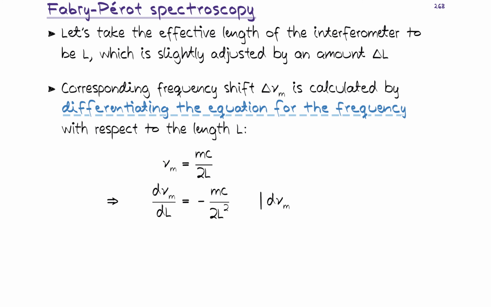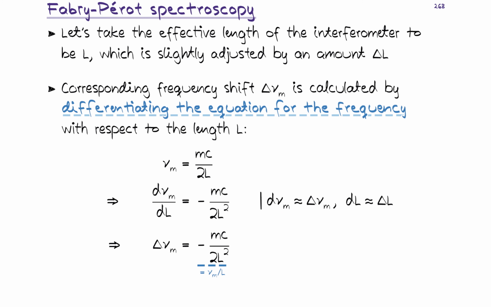So the differential of nu m essentially is approximately the delta nu m. And in here, the dL, the differential of the effective length, is approximately the delta L. And now we can simplify our math. This is the sloppy physics way of doing things, that we can write that the change with respect to the frequency is of a form that we have minus mc divided by 2L squared.